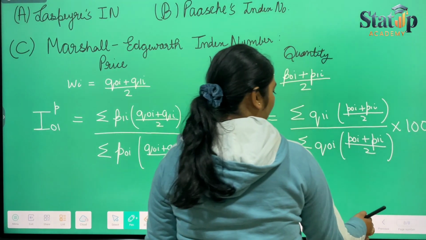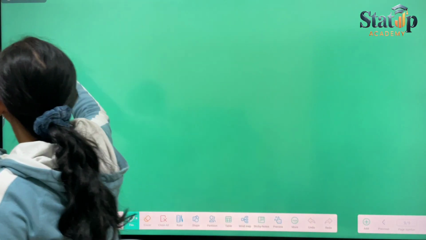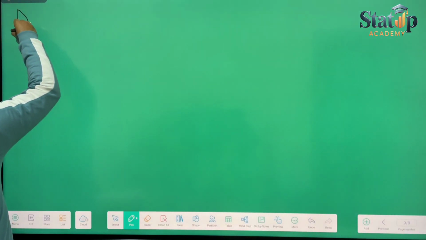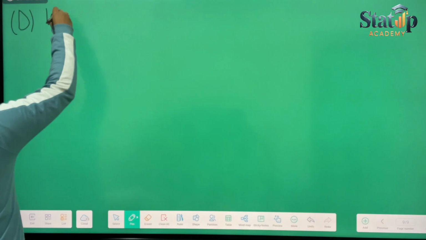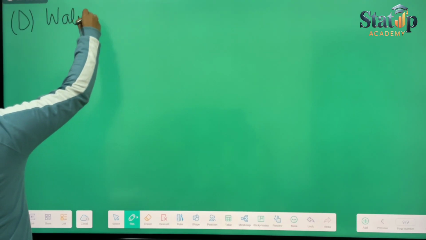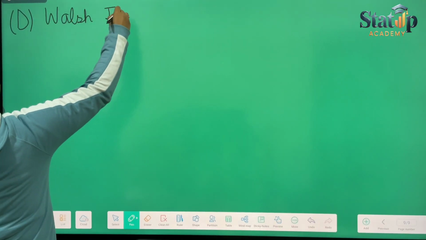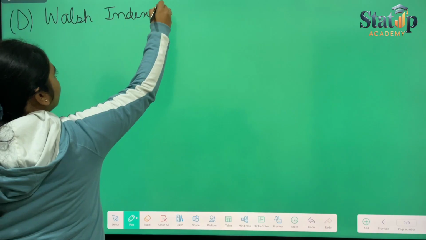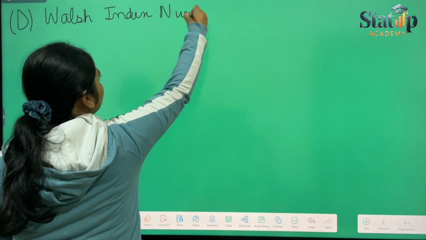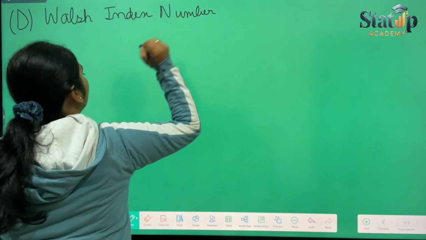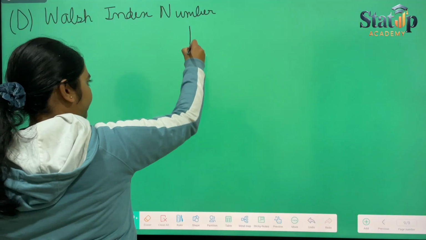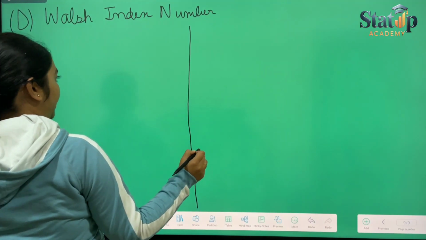Now going forward to the fourth kind of index number, which is Walsh index number. Now what is Walsh index number? Again we'll divide it into two halves.